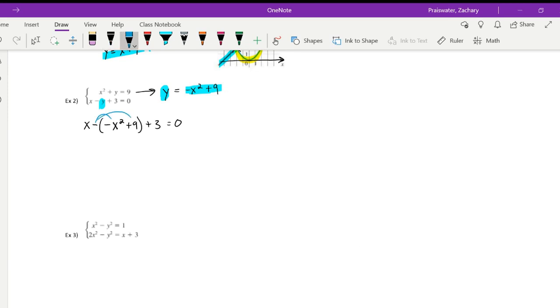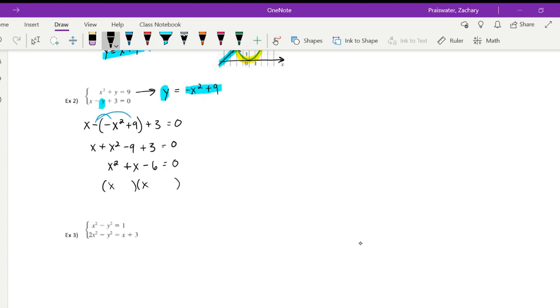So here, let's distribute. We have x plus x squared minus 9 plus 3 is equal to 0. Let's rearrange it and combine like terms. So write the x squared first, plus x, and then minus 6. And this does factor. We can take the shortcut because the number in front of x squared is 1.